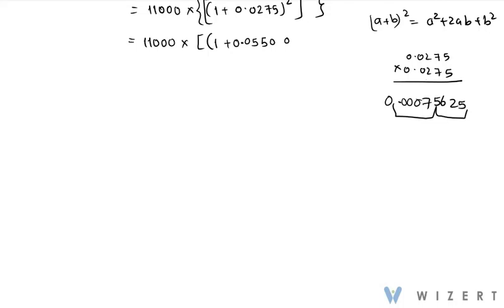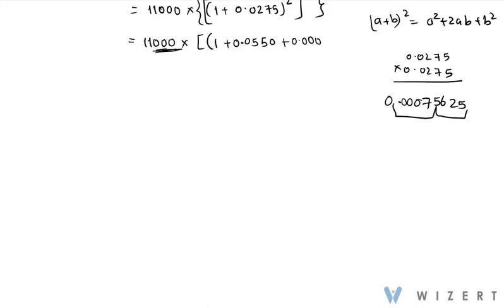0.00075625. Now since we are given 3 zeros in this principal amount, we will keep every number accurate to 4 digits after the decimal point.